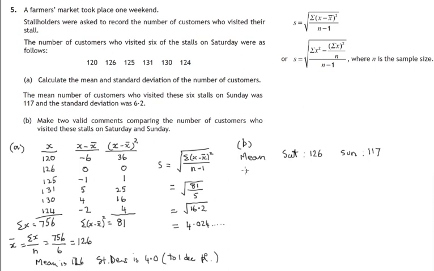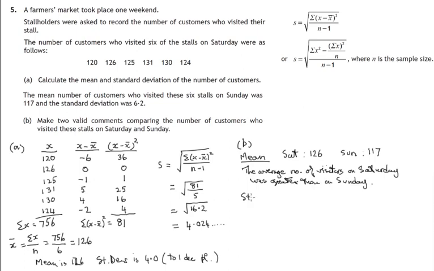So we can say that the average number, that's what the mean is all about, of visitors on Saturday was greater than on Sunday. So that's the first statement, using the mean.